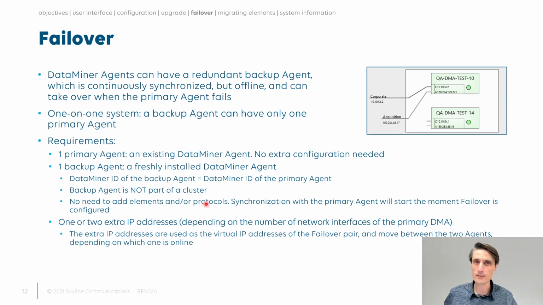No elements, no drivers, no database, no alarms, nothing. It's just blank. And the DataMiner ID of the backup needs to be the same DataMiner ID of the primary. So it is an exact copy. It has the same DataMiner ID as well. So everything is exactly the same on both DataMiner agents.